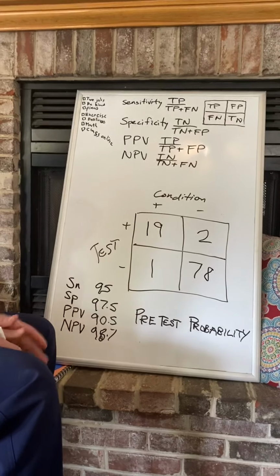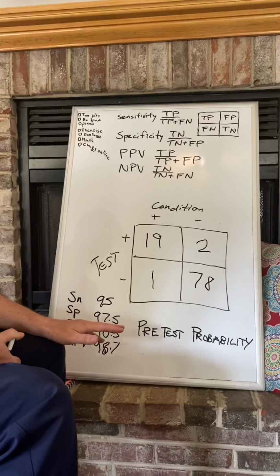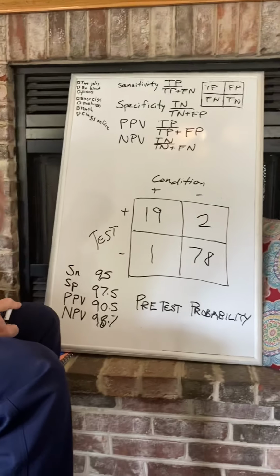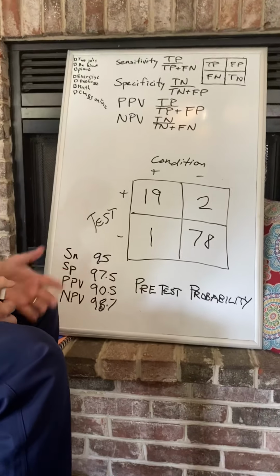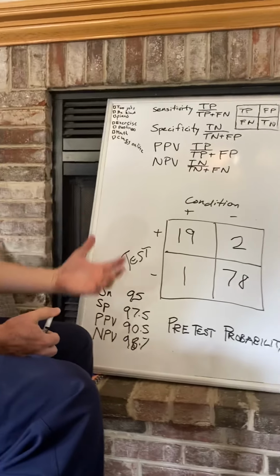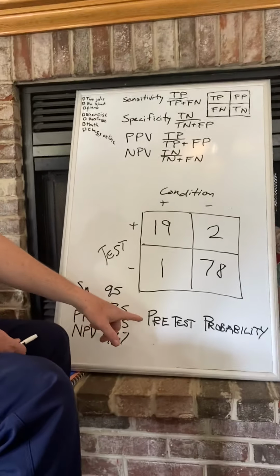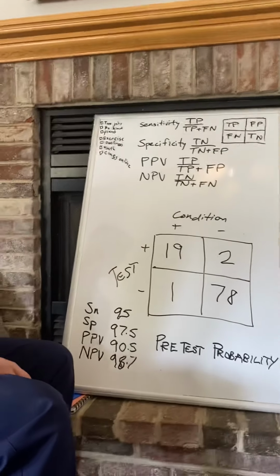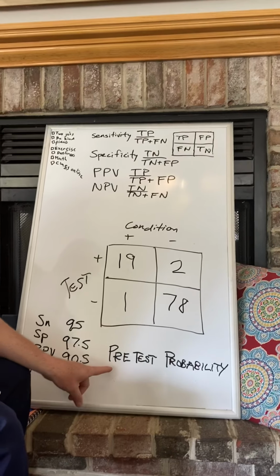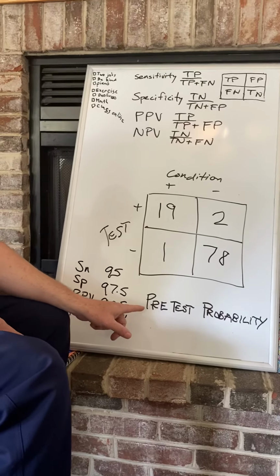Now, let's take a blood test for ovarian cancer. As important as ovarian cancer is, its prevalence is not very high. And so if you check all women for ovarian cancer, that leads to problems because your pretest probability is not very high. And this is why medical tests should really be selected to high-risk groups.